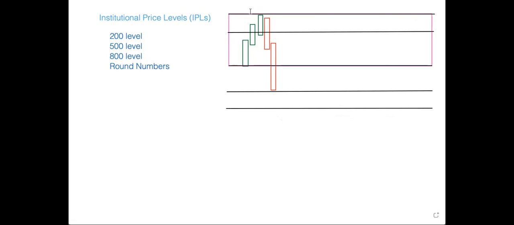Just imagine this chart is for Euro USD, and it is the H1 time frame. The top one is the 120 level.